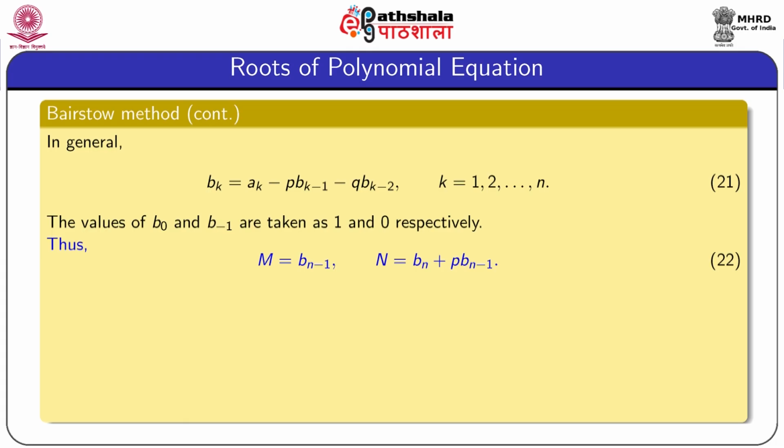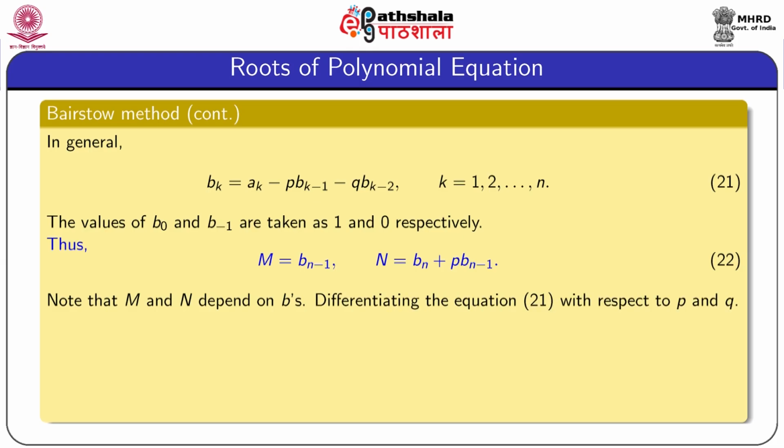Thus, with this notation we can write m equal to b_n minus 1 and n equal to b_n plus p into b_{n-1}. These are the values of m and n in terms of b's. Note that m and n depend on b's. It is obvious from equation number 22.